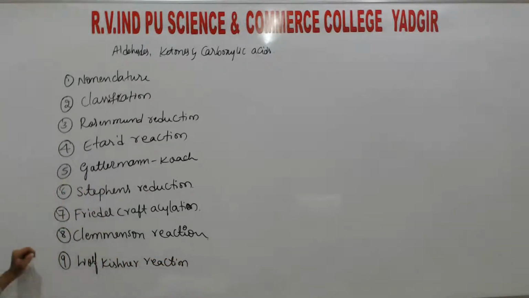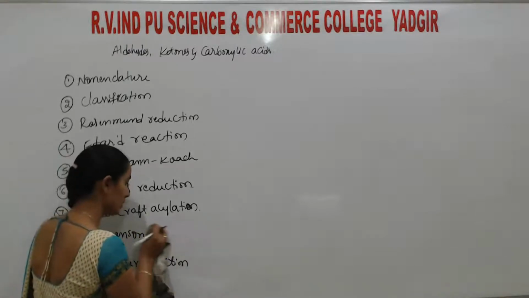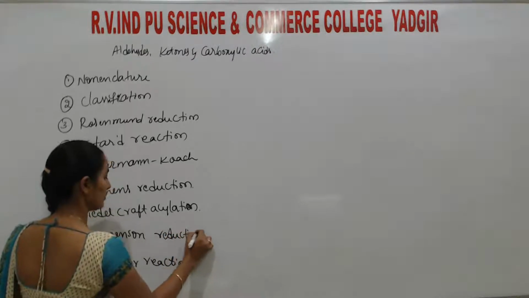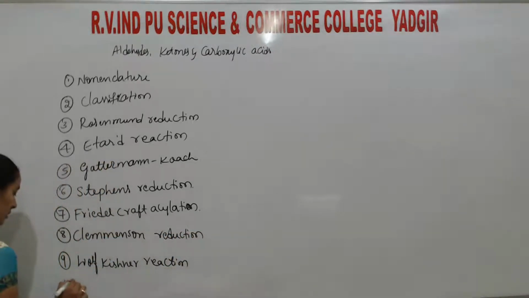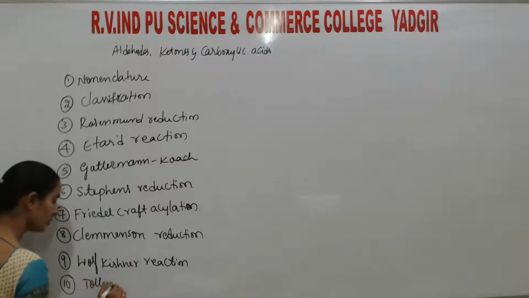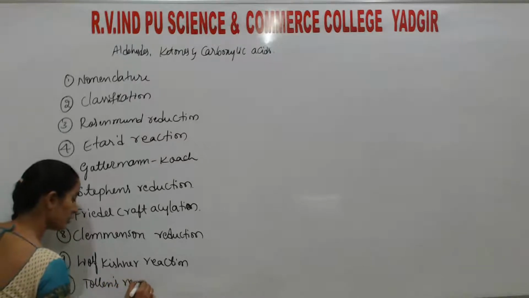In place of Clemmensen reaction, you take Clemmensen reduction. And the 10th one is reaction with Tollens' reagent.